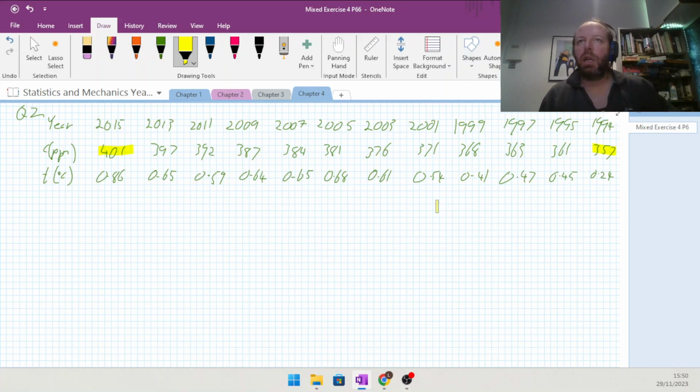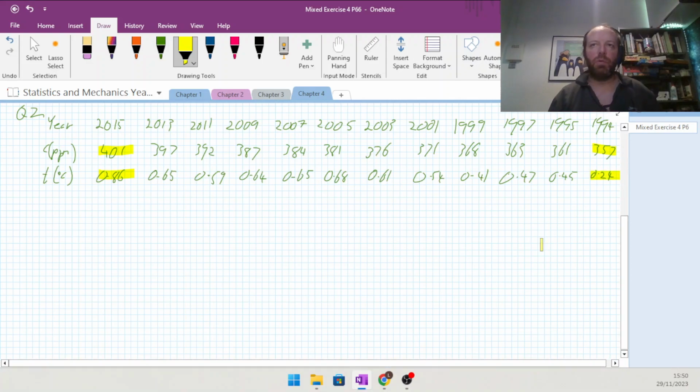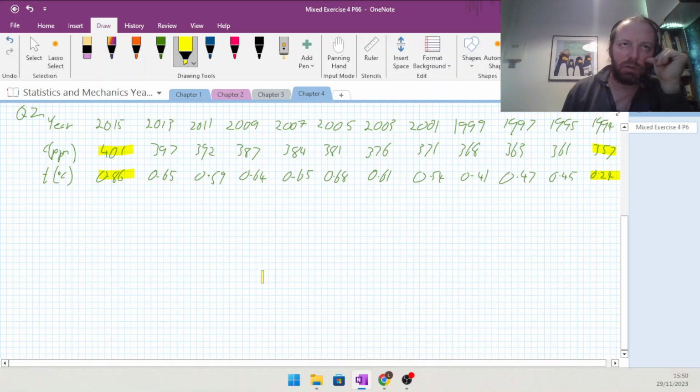On the same way for the temperature, the biggest one on here is 0.86, and this is also the smallest. Okay, so that we know what to do with our scales.